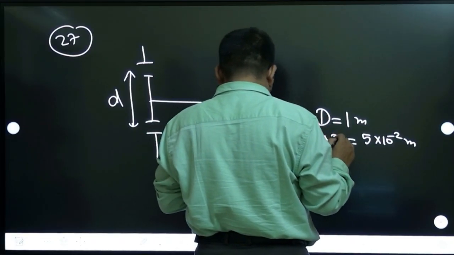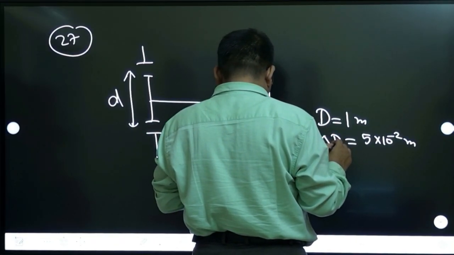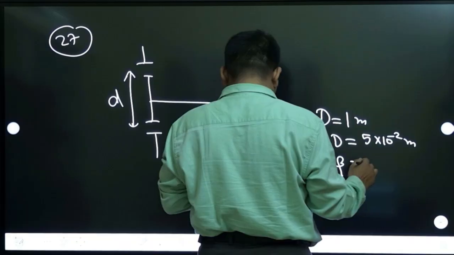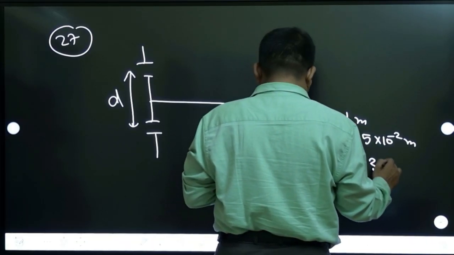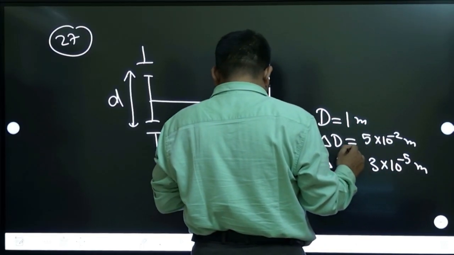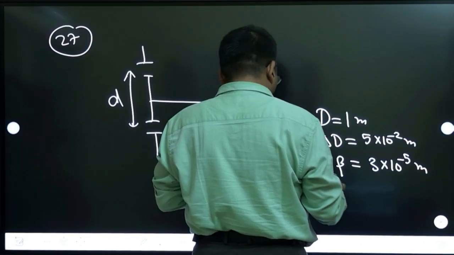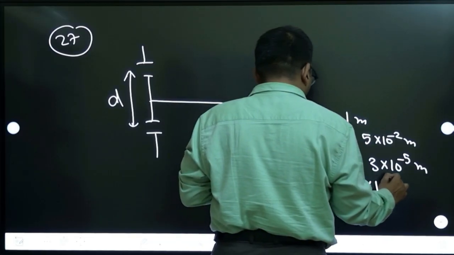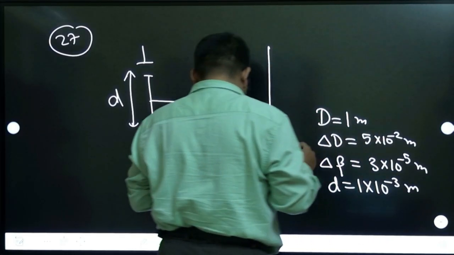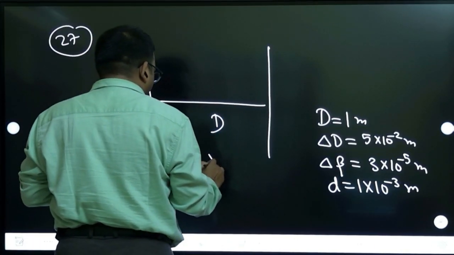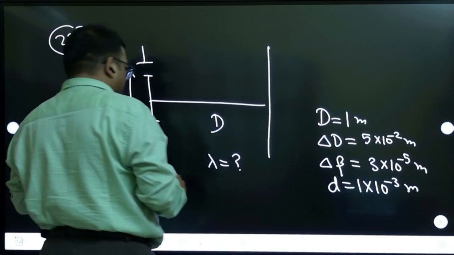When the screen is moved away, the fringe width changes by delta beta. The change of fringe width is also given, 3 into 10 to the power minus 5 meters. The separation between the slits, small d, is given as 1 into 10 to the power minus 3 meters. Then wavelength lambda they are asking to calculate.